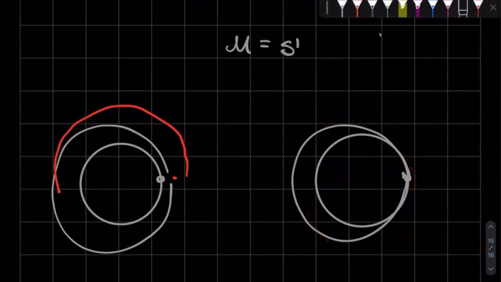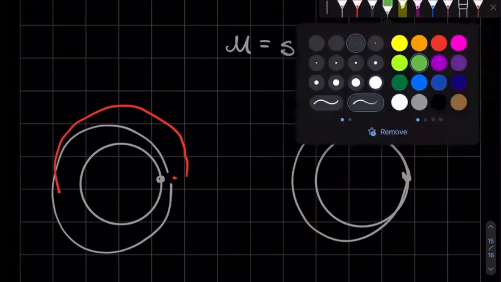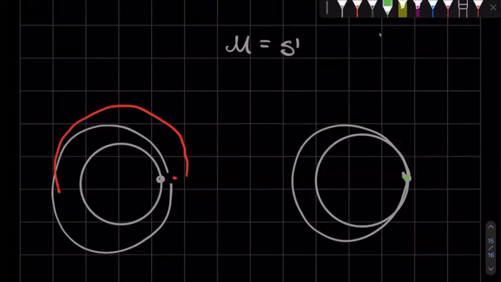So essentially, as you go from 0 to pi in the original circle, you move on the target circle from 0 to 2 pi. And then as you move from pi to 0 on the original circle, you then move again and come back to the same point.